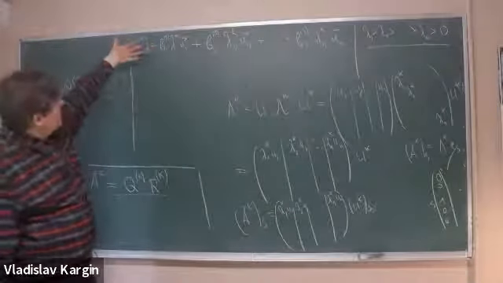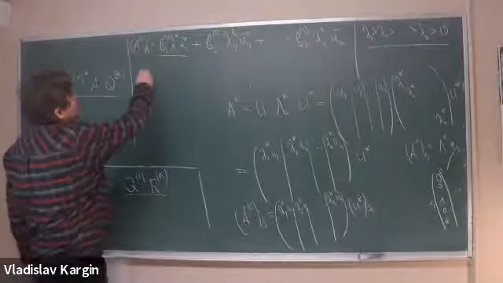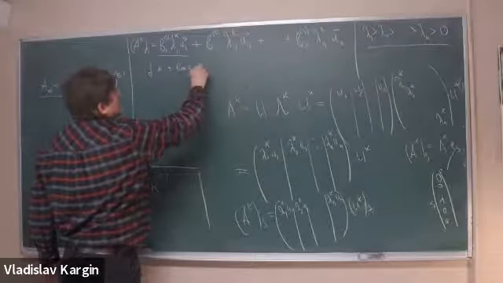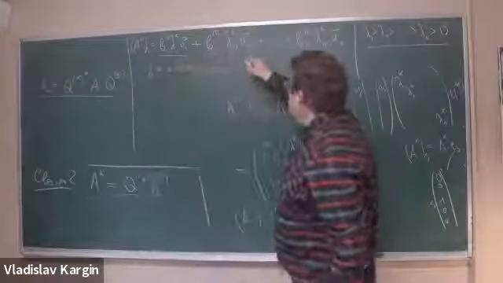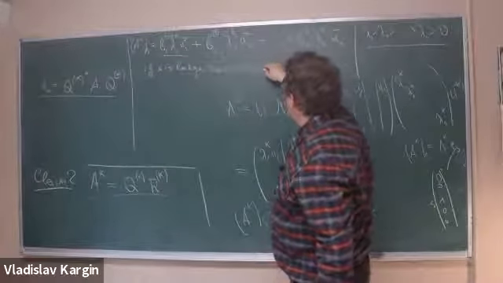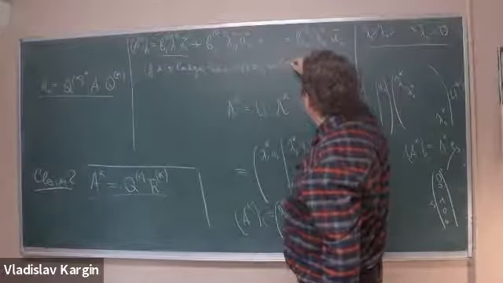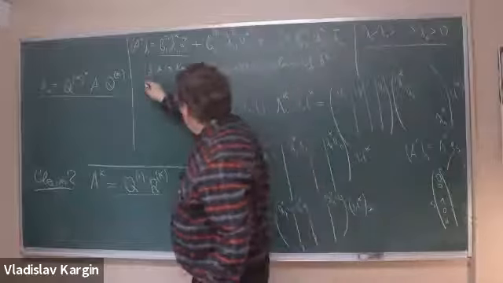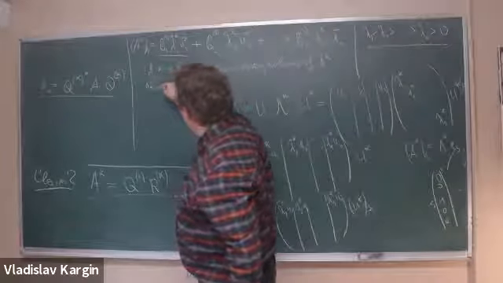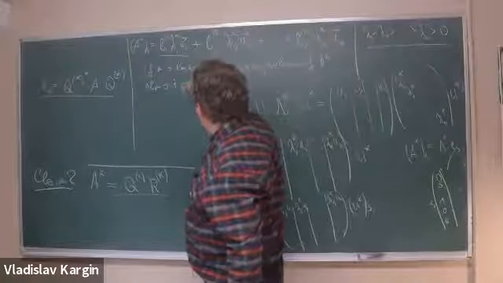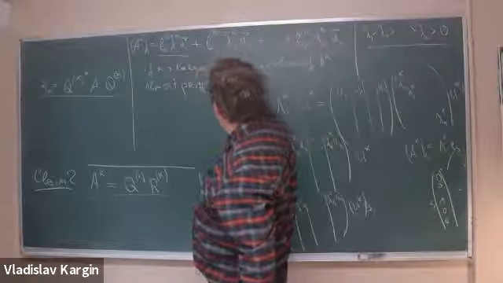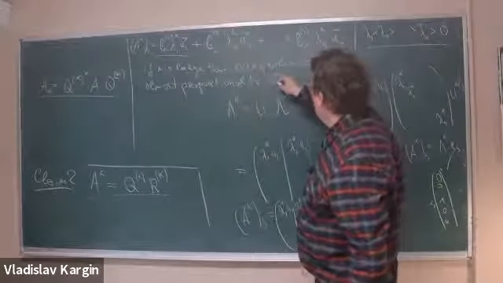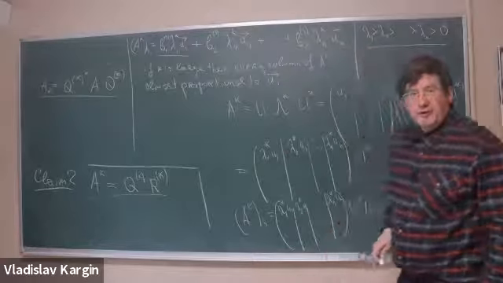And so if k is large, then every column of A^k is almost proportional to U1, to this vector U1.